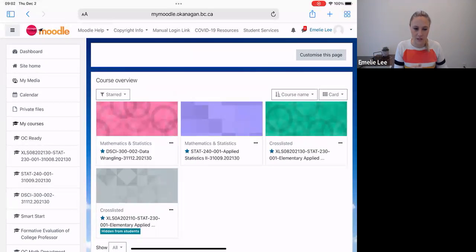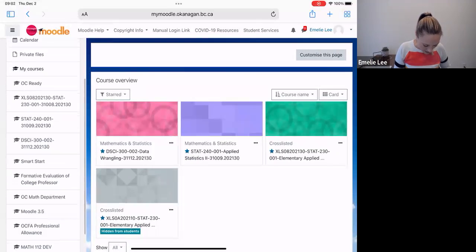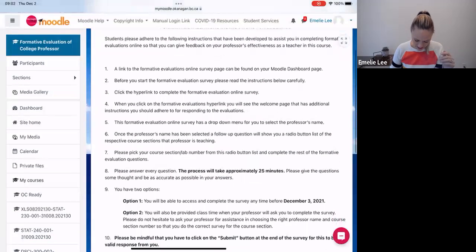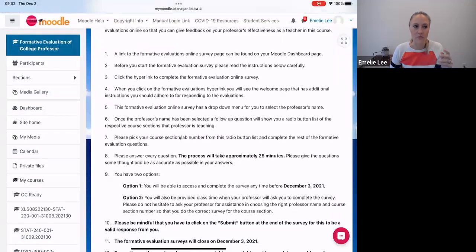I just have a select few blocks showing, but over on the left-hand side, at least on mine, I have this formative evaluation of college professor. If you click there, you read the instructions, of course. It says it's going to take 25 minutes. I have no idea why it would take you 25 minutes unless you're writing some sort of essay. You don't need to do that.